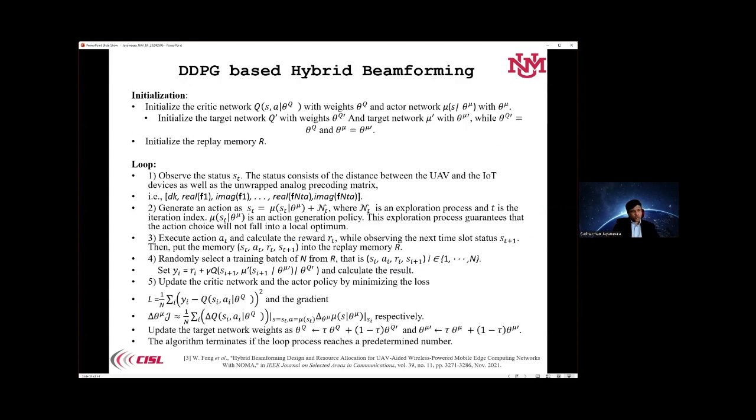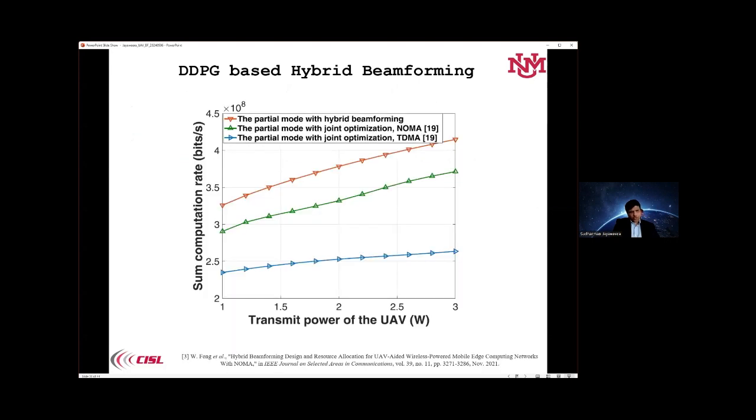So I'm not going to go through the deterministic deep policy gradient algorithm adapted to this application case. So the point is that with the deterministic deep policy gradient method, you can improve the sum rate of the IoT devices in the network compared to the traditional approaches.